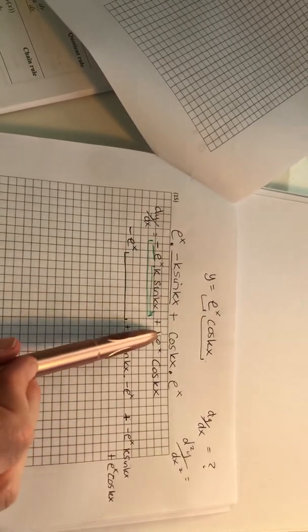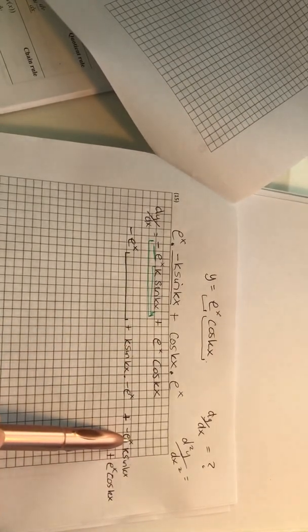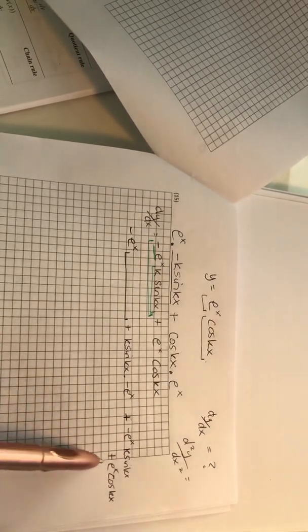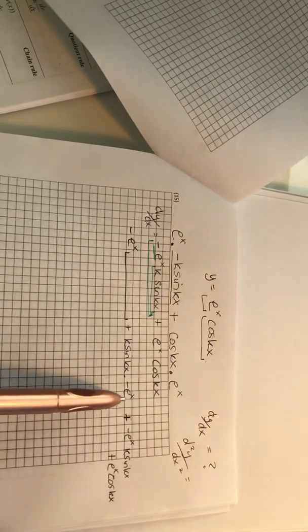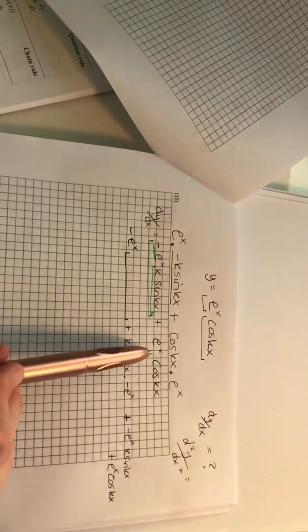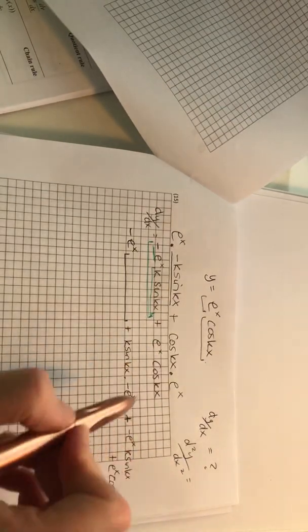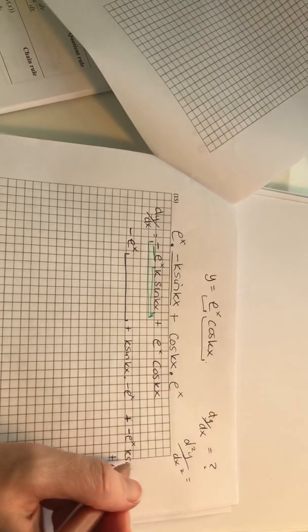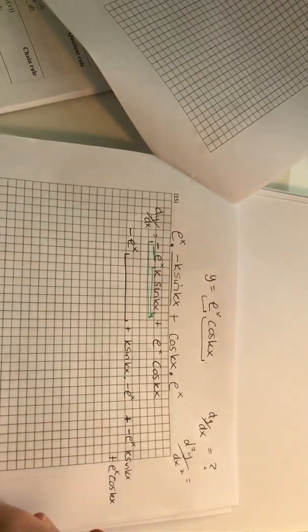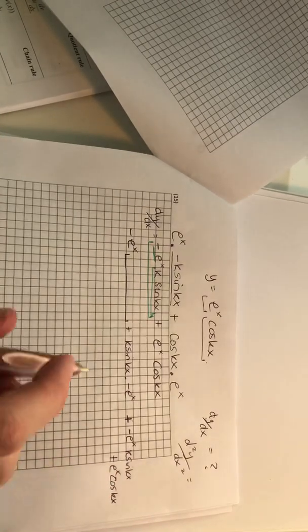And again here, product rule. u times dv dx, it ends up being a minus because dv dx is a minus k sine kx, plus v times du dx.